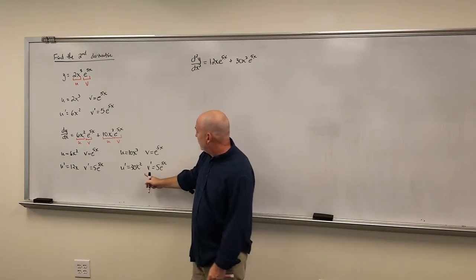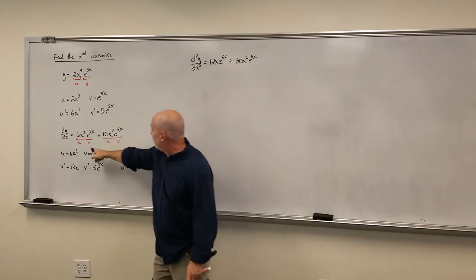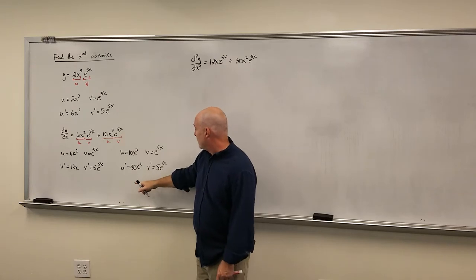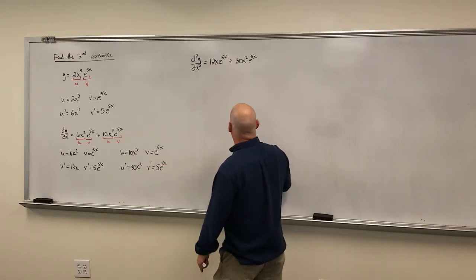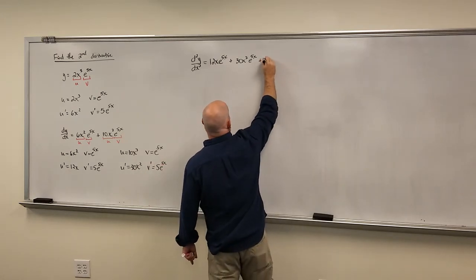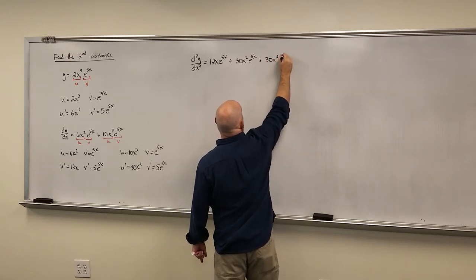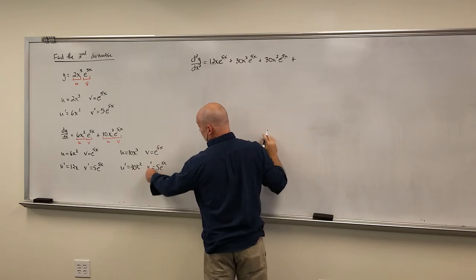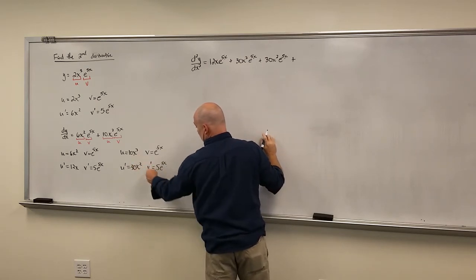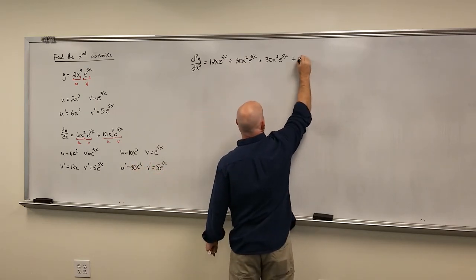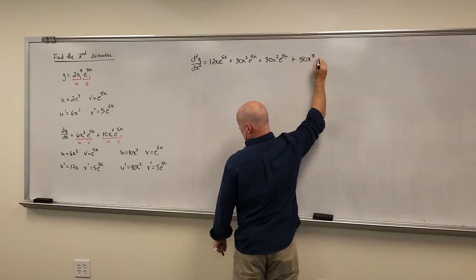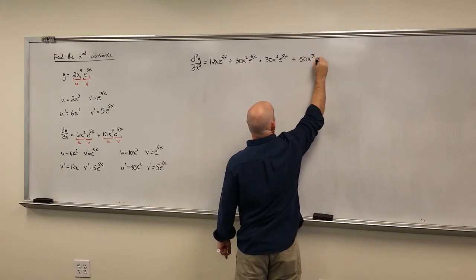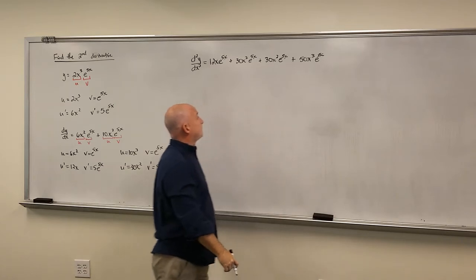That's the derivative of our first term. The derivative of our second term, u prime times v, gives me 30x squared e to the 5x, plus v prime times u. Again, I'm going to multiply those numbers together, so 5 times 10 gives me 50x cubed e to the 5x.